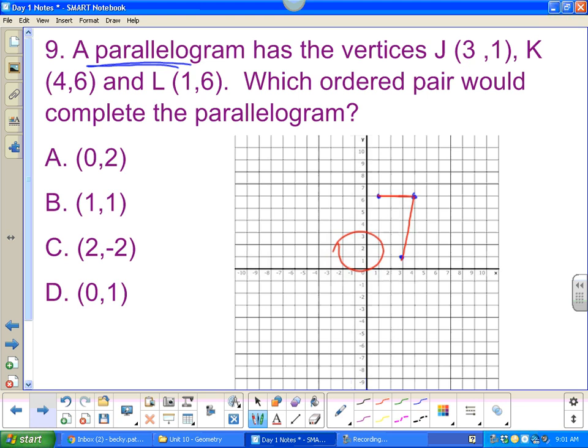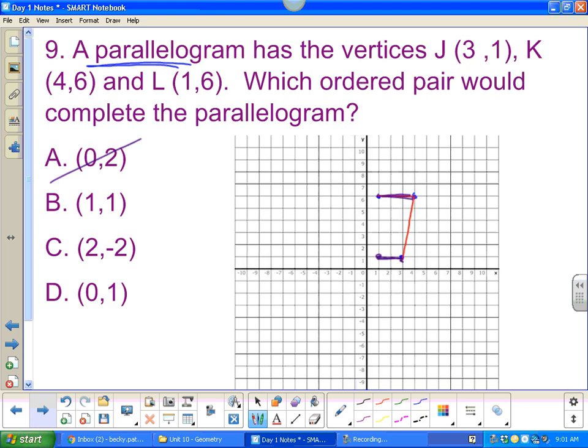So I think we need to be in this area over here. So let's see. Let's test some points out. 0, 2. So 0, 2 puts me here. I like that being parallel, but this is not going to be parallel to this. So I don't want that one. 1, 1.